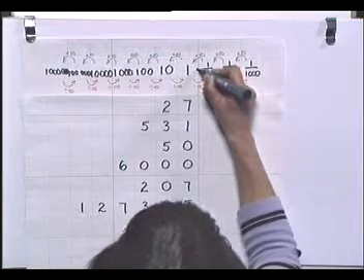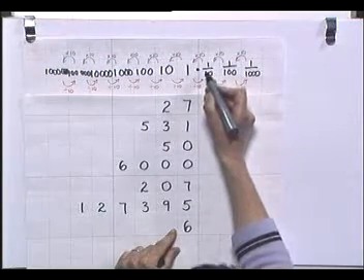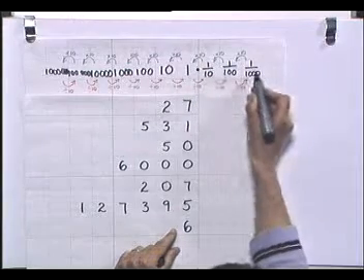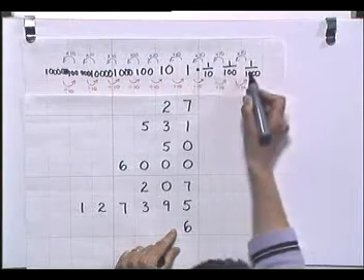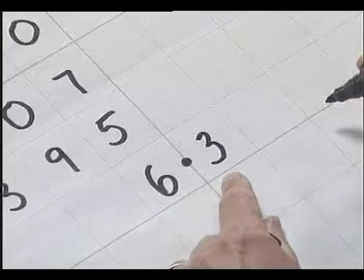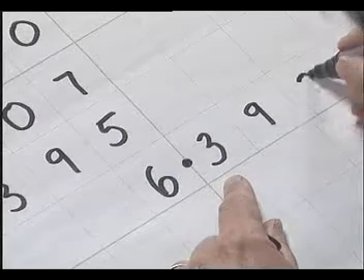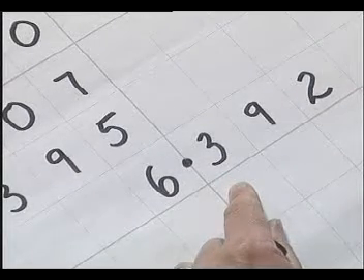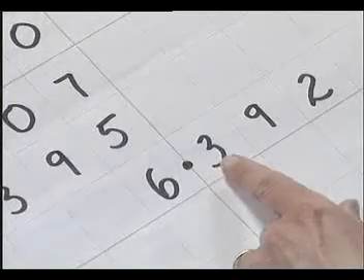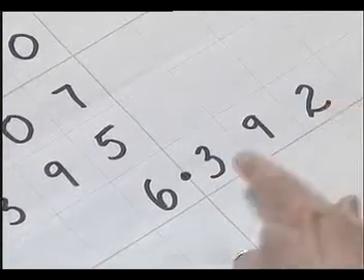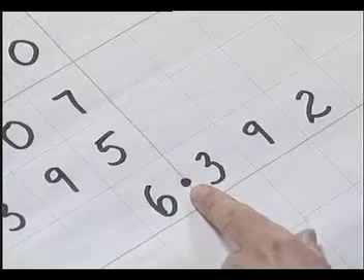And that goes in there between the units and the tenths, showing that anything that comes afterwards is a part of a whole. So I'll put my point in there. And the number I had was 6.392. So the 3 is 3 tenths. The 9 is 9 hundredths. And the 2 is 2 thousandths. So the point shows us that the part coming afterwards is less than a whole one, part of a whole one.